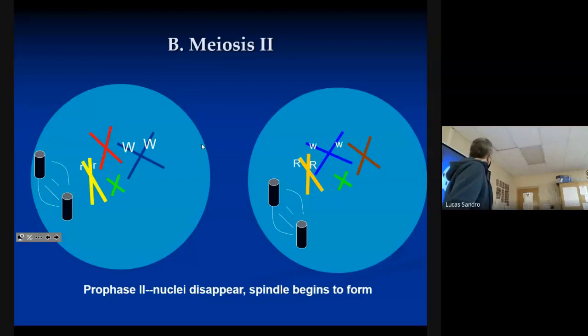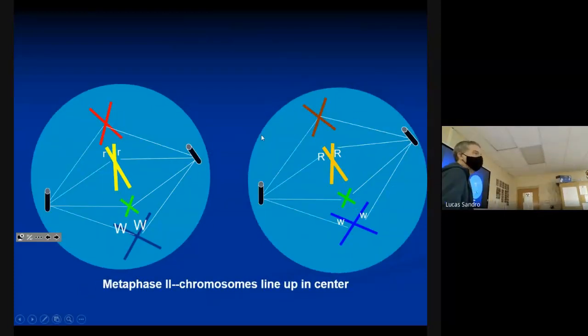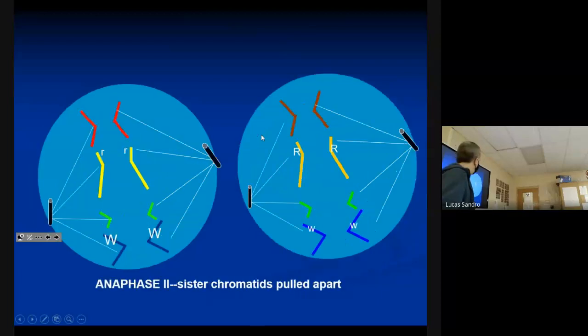The nuclei disappear, the spindle forms, we've got chromosomes. Those chromosomes are about to line up, single file this time. Anaphase 2. Here's where they actually split at the centromere, right? Here's where the X's actually become little V shapes.